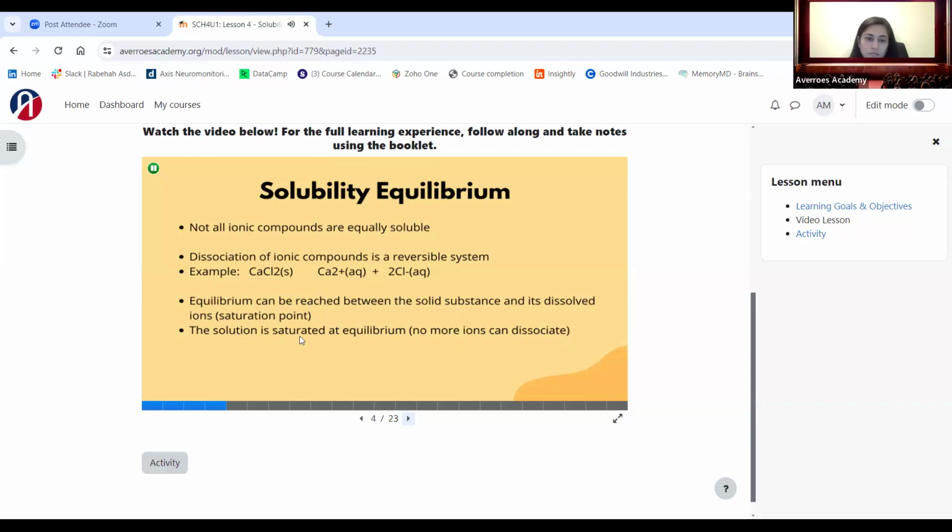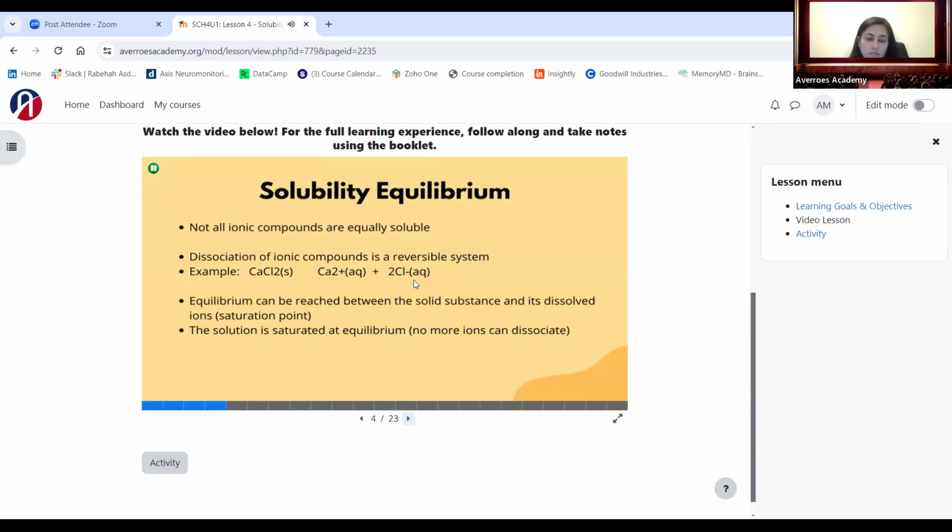So not all ionic compounds are equally soluble. The dissociation of ionic compounds is reversible. For example, we can have calcium chloride as a reactant dissociating into its separate ions, calcium 2+ and chloride, or vice versa.